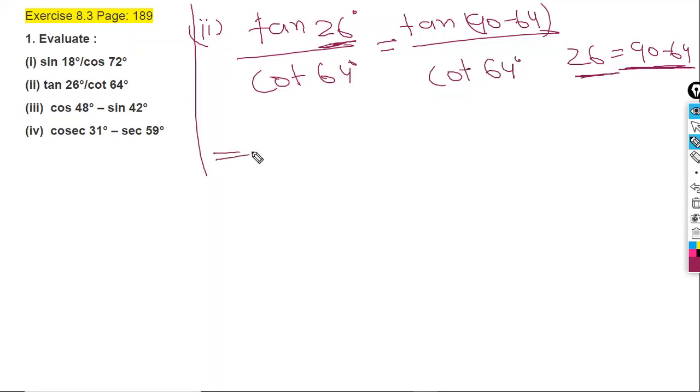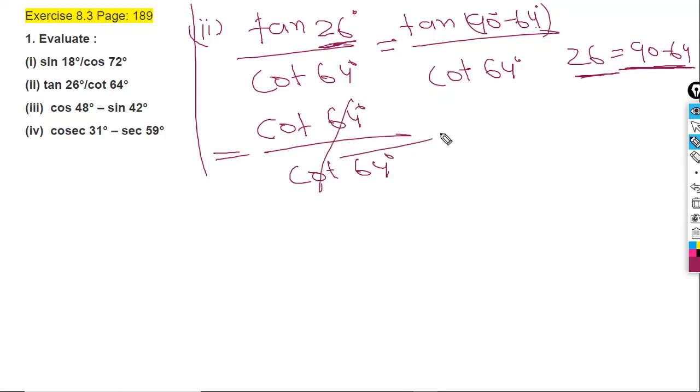Since tan (90 minus theta) is cot theta, it will be cot 64 degree divided by cot 64 degree. Now cot 64 by cot 64 will be cancelled, and it will be equal to 1. So here also the answer is 1.